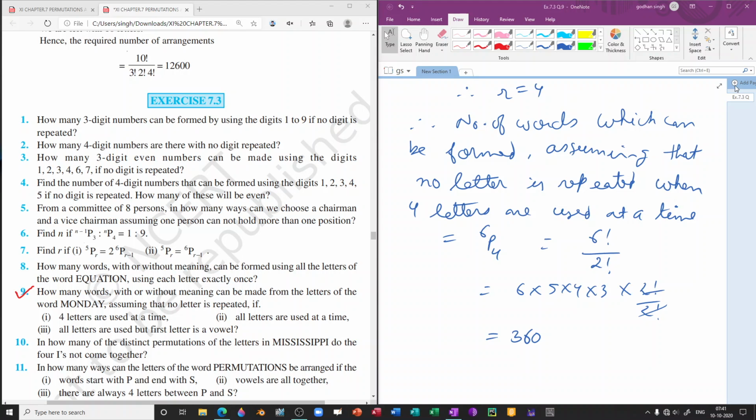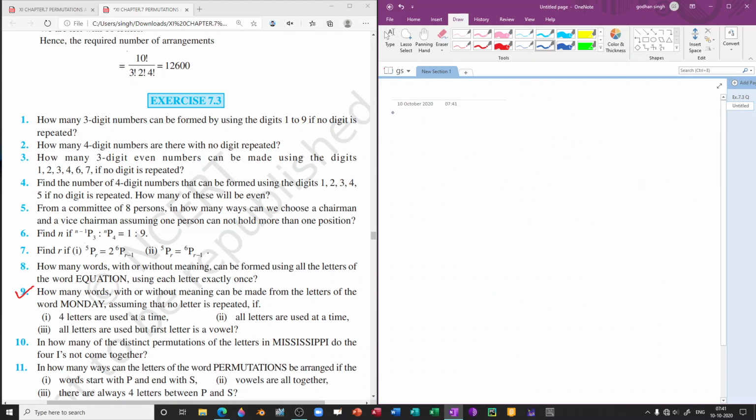Now let us go to the second part of this. Second part, all letters are used at a time. Therefore here n equal to 6. Also number of places to be filled up are 6. So r equal to 6.